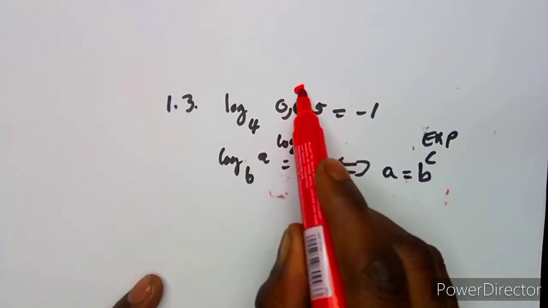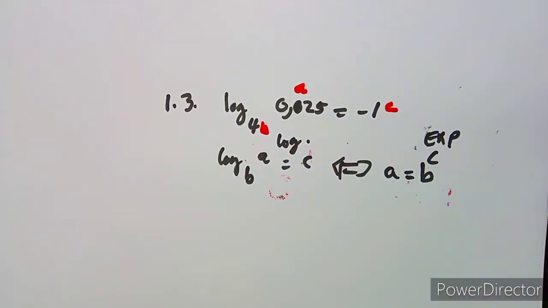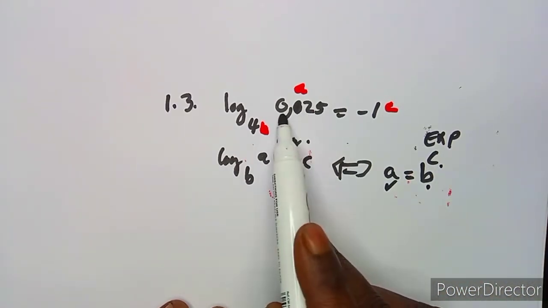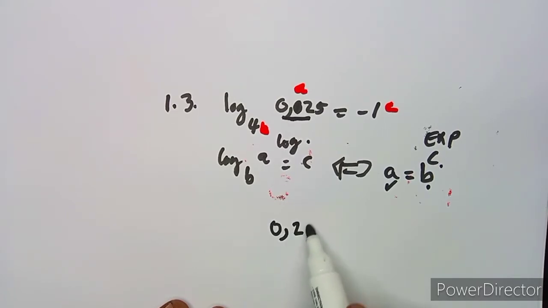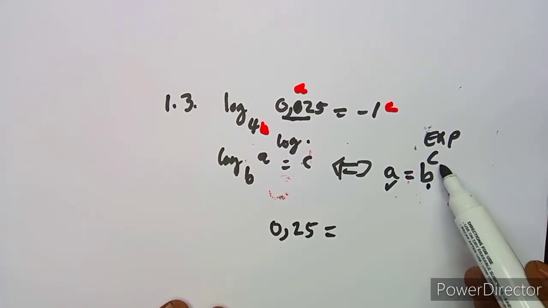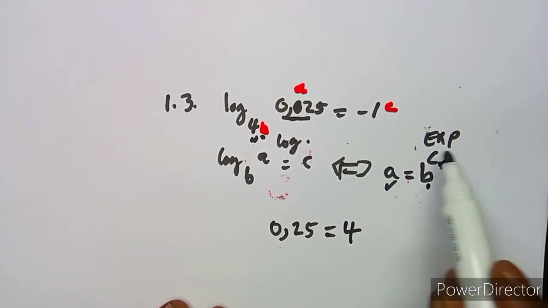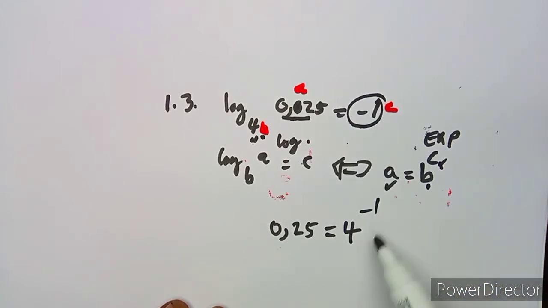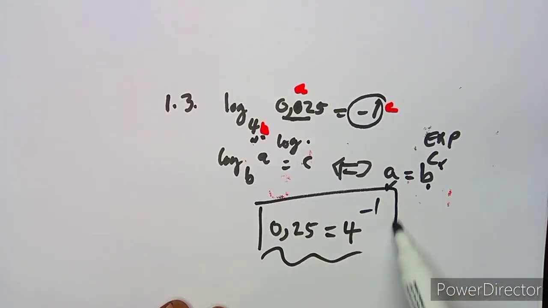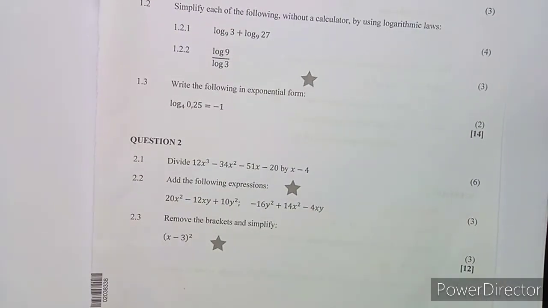This is your A here, this is your B here, this is your C. So in exponential form, it can be written as A is equal to B to the exponent of C. This is your A. 0.25 is equal to B to the exponent of C, where B is your base, which is 4, to the exponent of C, and our C in this case is -1. So this is what we actually needed. Just like that, guys. That's exponential form. Nothing much there. All right.